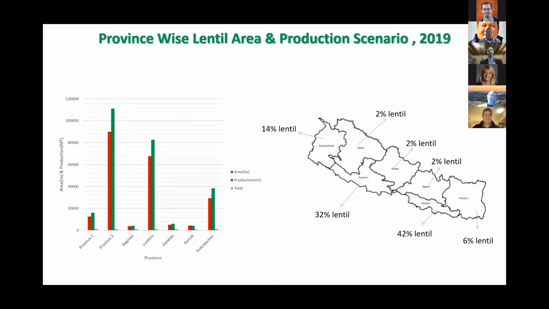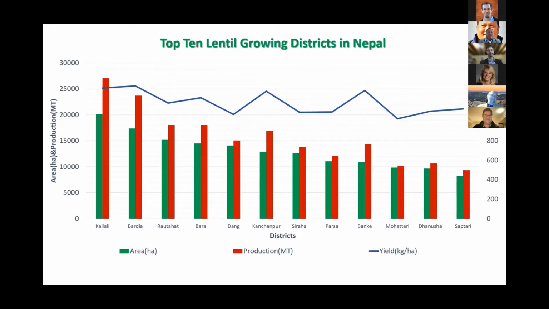You can see 42% in Province 2, 30% of lentil grows in Lumbini Province, and then 14% in Sudurpashchim Province. These are the top 10 lentil growing districts: Kailali, Bardia, Rautahat, Parsa, Dang, Kohalpur, Banke, Mahottari, Dhanusha, and Saptari. However, in Banke, you can see some high productivity.